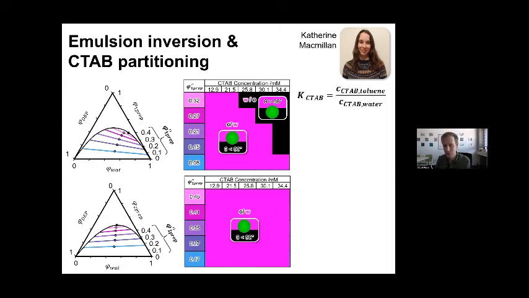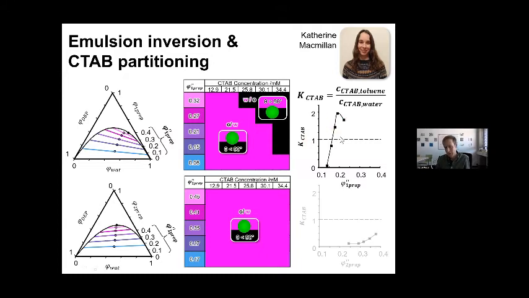Why is that difference between 1- and 2-propanol for the contact angle? It originates from the partitioning of the surfactant. The surfactant CTAB has a partitioning coefficient that tells you how much of the surfactant is in toluene and how much of it is in water. So if K is larger than 1, then more of it is in the toluene. For 1-propanol, we find that the partitioning coefficient can be larger than 1, while for 2-propanol, the partitioning coefficient of CTAB is always below 1.